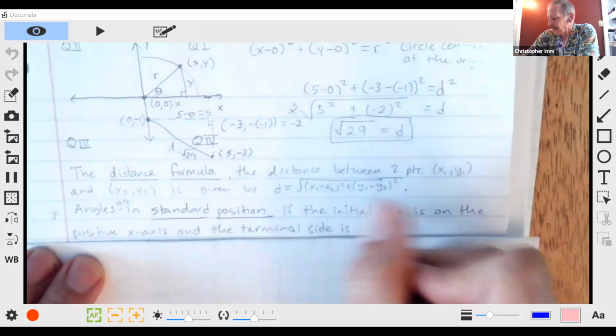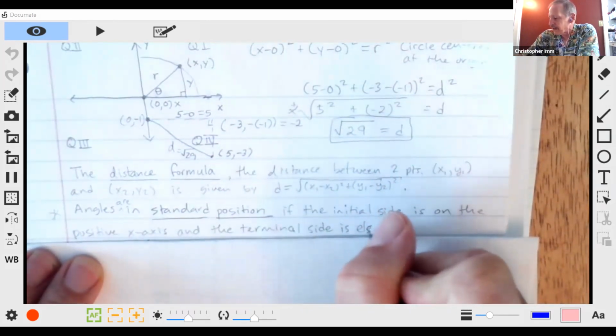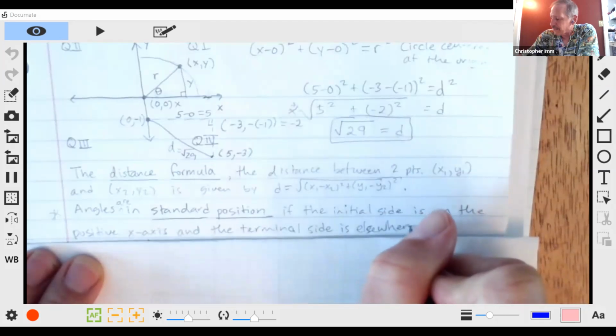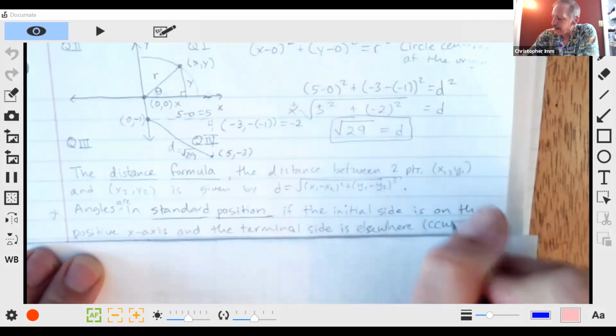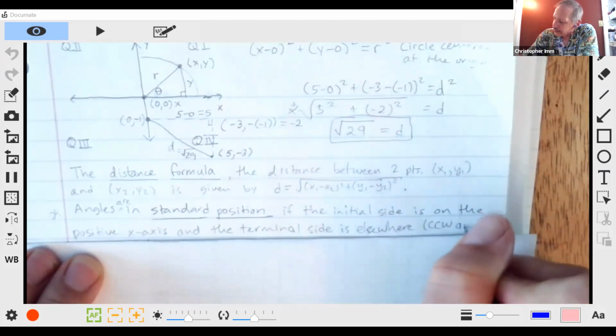Is elsewhere. But if we go counterclockwise, the angle is positive.